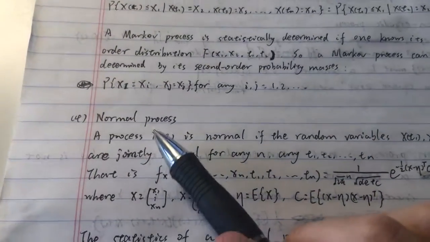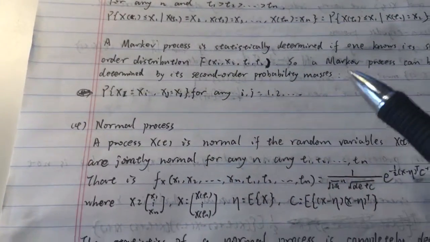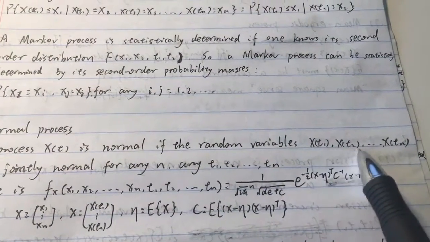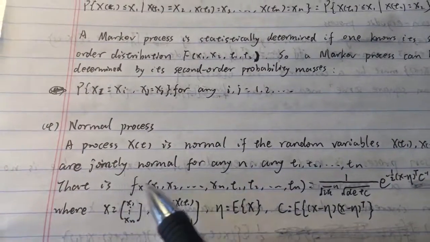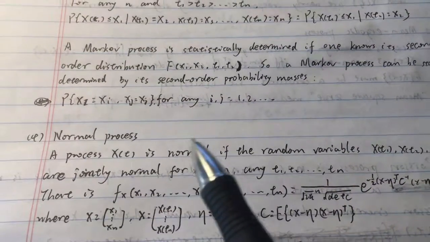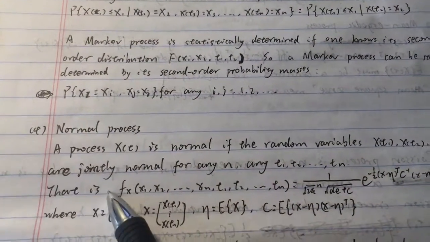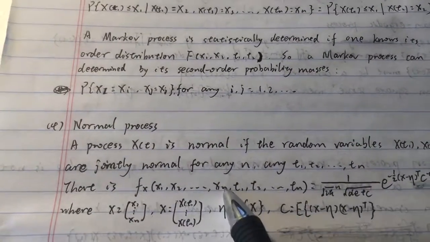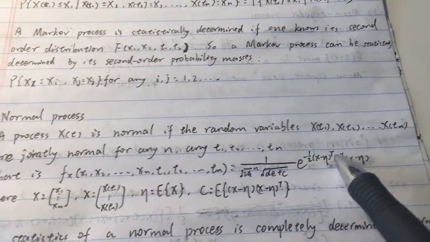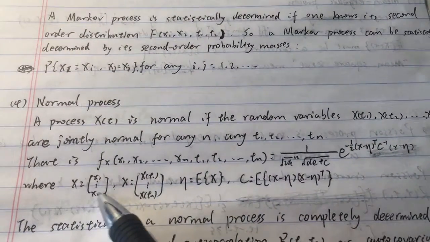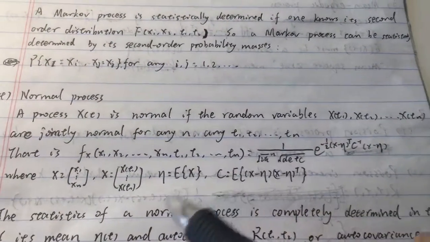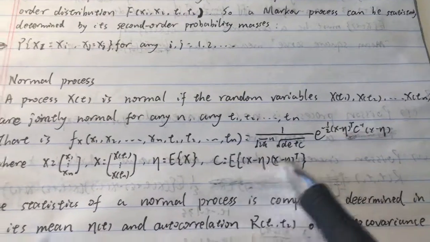Then is the normal process. It's a kind of process where the random variables x(t1), x(t2), and x(tn) are jointly normal for any n and any t1, t2, and tn. That is, the density function of x1, x2, xn, and t1, t2, and tn equals this. They are in this form, where the expected value is a constant and the autocovariance is this.